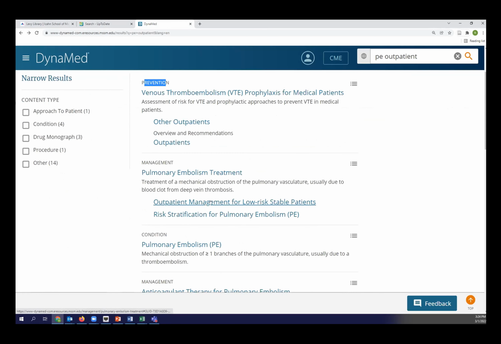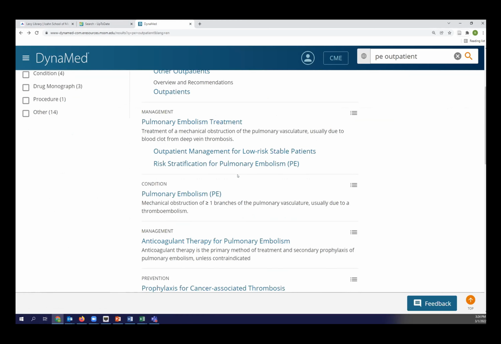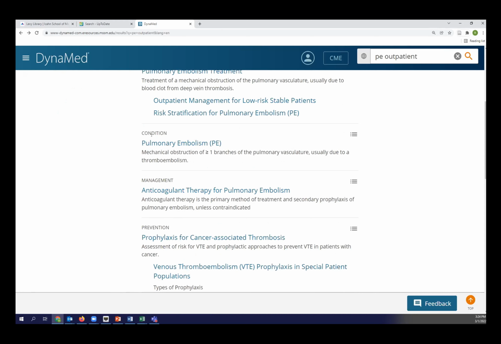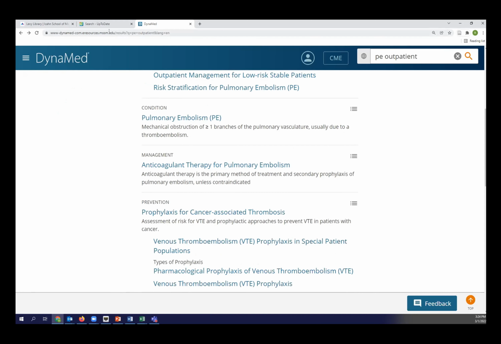Same thing here, what we're seeing, outpatient management and risk stratification. These are subsections of the PE treatment entry. So if you see these sort of indented hyperlinks, they're pointing you to specific subsections within the entry that might be particularly relevant based on your search terms. But here, where it says condition PE, that's just one entry with no subsections highlighted.